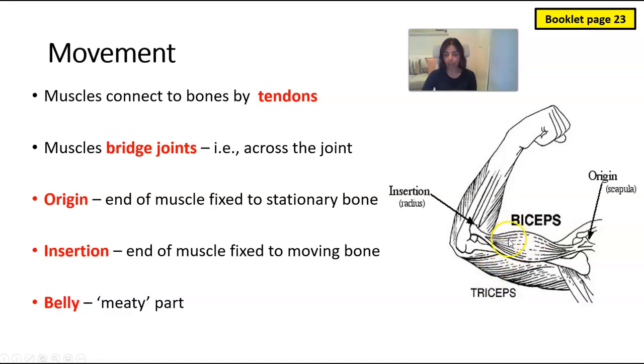This large fleshy part of our muscle is called the belly of the muscle. So those are new words that we have looked at in this slide. The origin tendon is where you have the muscle fixed to a stationary bone, and the insertion part of that tendon at the other end is where you have a tendon fixed to a moving bone.